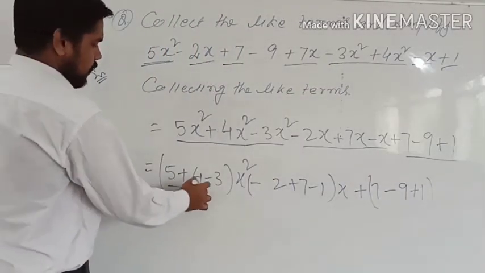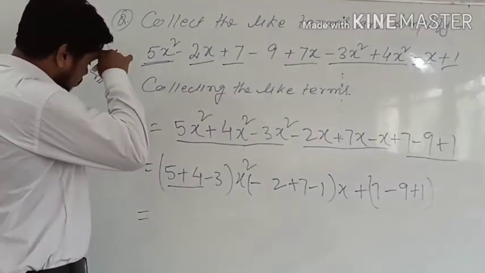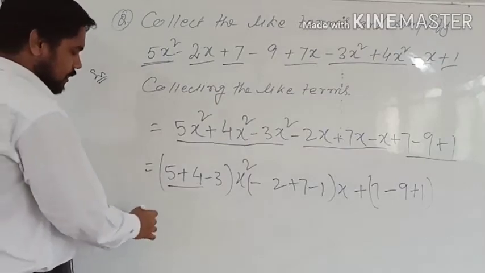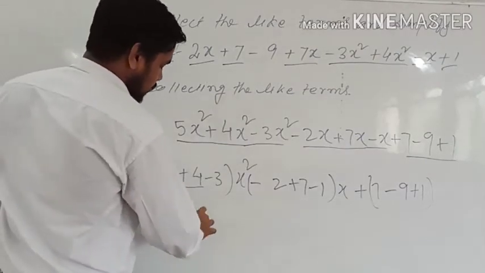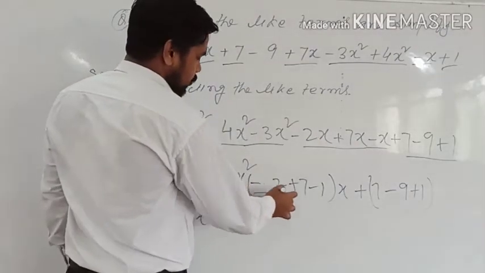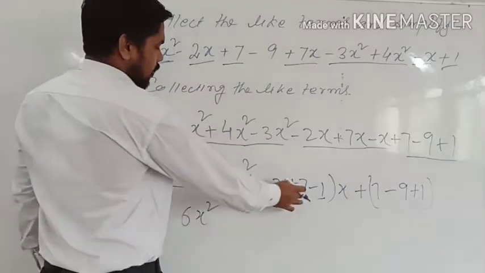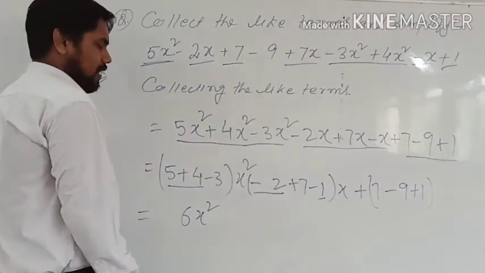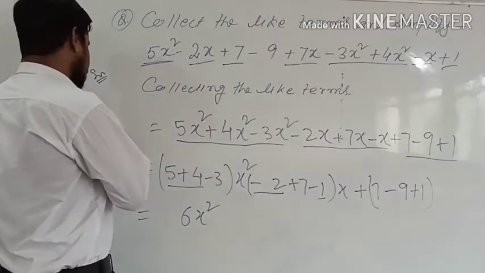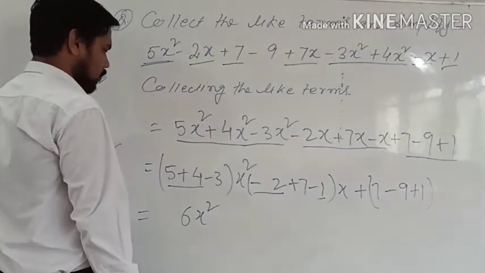So this is 5 plus 4, 9. 9 minus 3 is 6, right? So here it will be 6x square. This one minus 2 and minus 1, so minus 3 and plus 7. How much? Minus 3 and plus 7, so plus 4 will be.